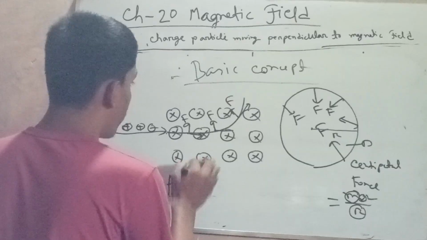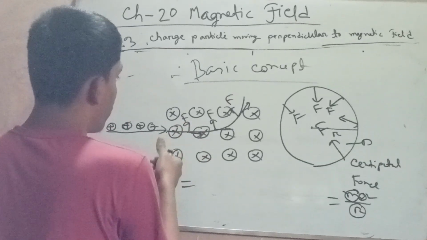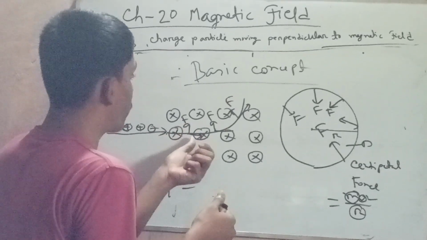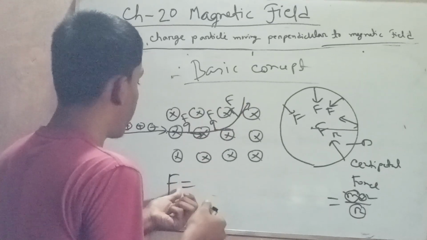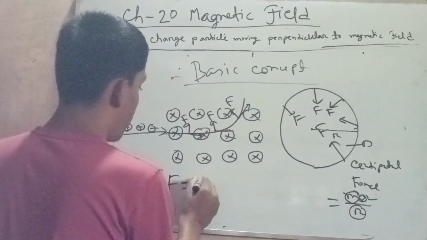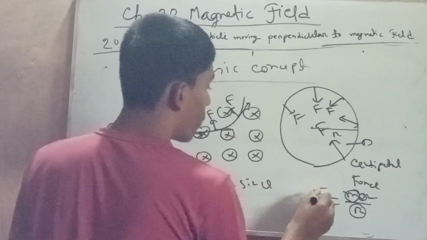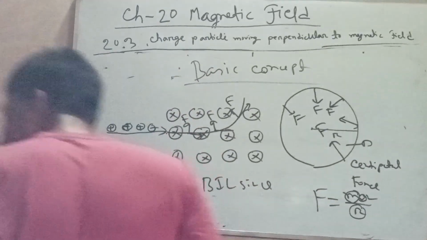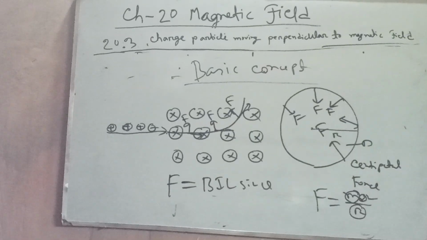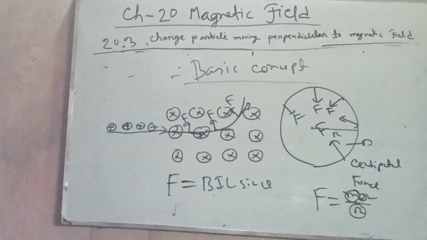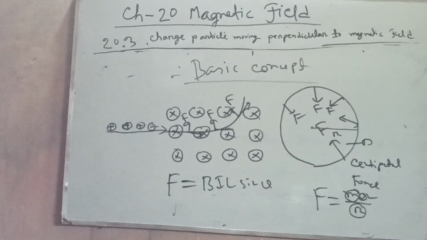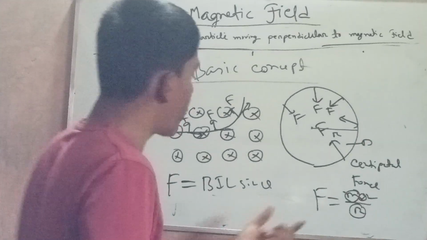We know, by Fleming's left hand rule, we have seen the direction will be like this, and the force is equal to BIL sine theta, and F is also equal to mv squared by r.